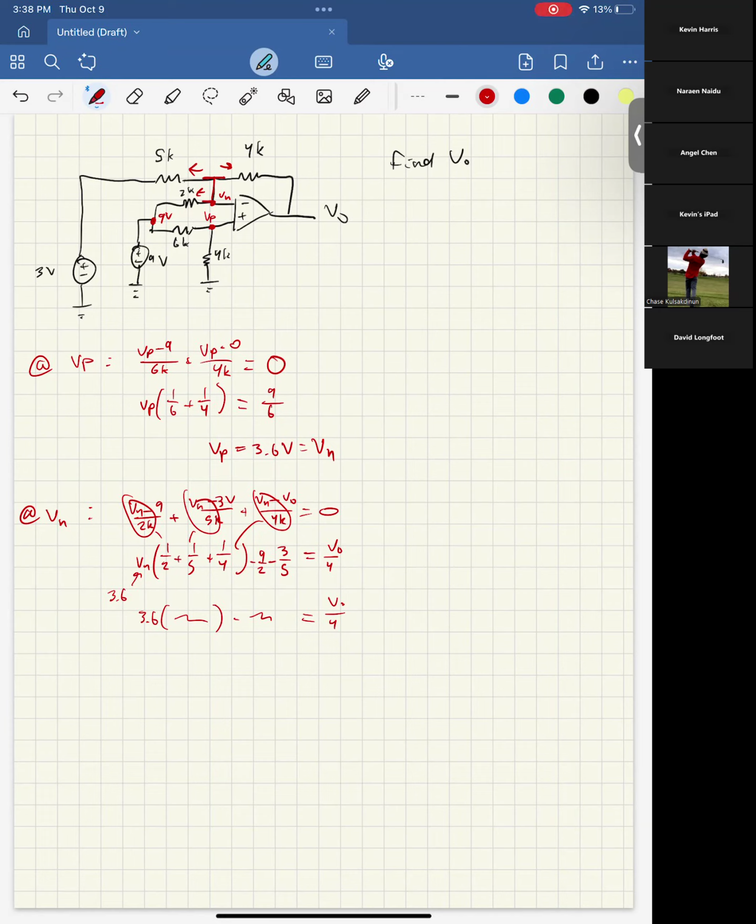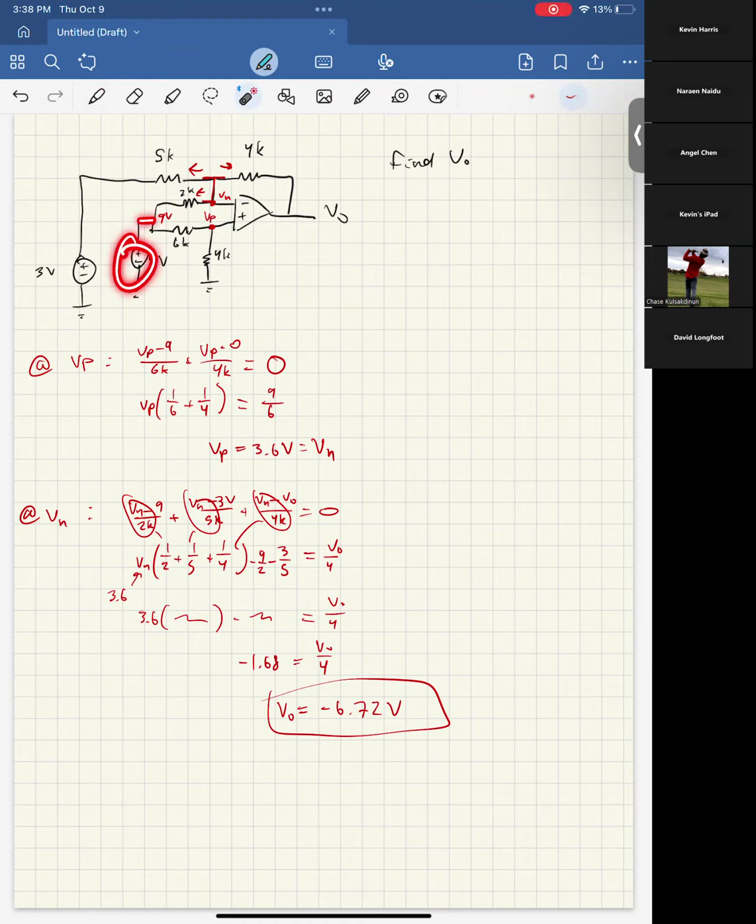So we'll end up with minus 1.68 equals V out over 4, which tells us that V out is going to be negative 6.72 volts. So again, pretty straightforward. Just make sure you don't get tripped up by things like this, where you have things connected in odd ways. Make sure you're always thinking, find VP, and then that's Vn, and then you're good to go.